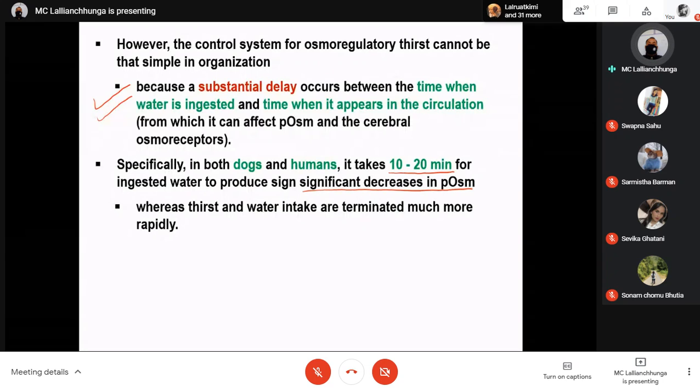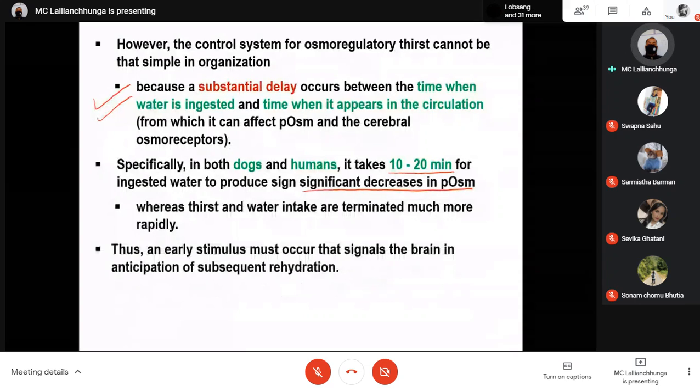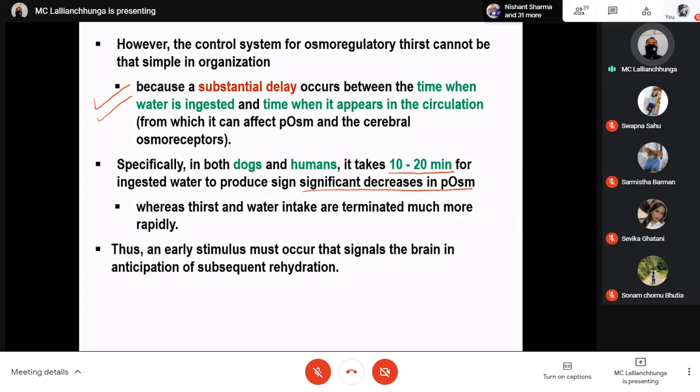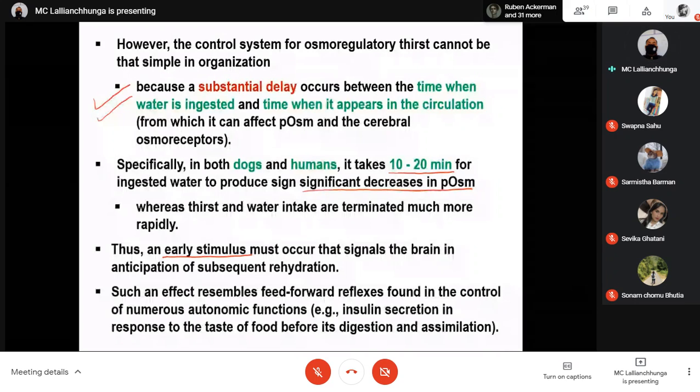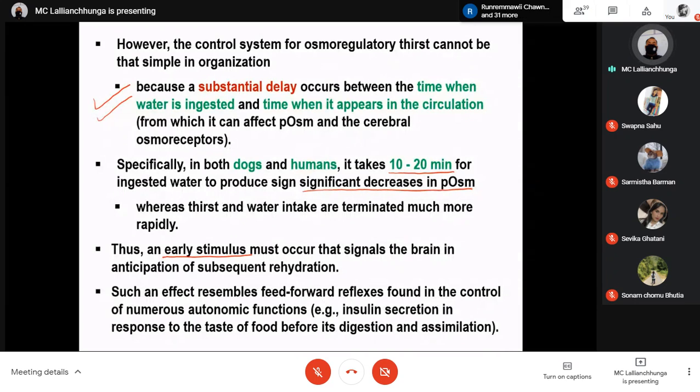Whereas thirst and water intake are terminated much more rapidly, as you already know. Thus, an early stimulus must occur that signals the brain in anticipation of subsequent rehydration. Such an effect resembles feed-forward reflexes found in the control of numerous autonomic functions, for example insulin secretion in response to the taste of food before its digestion and assimilation.